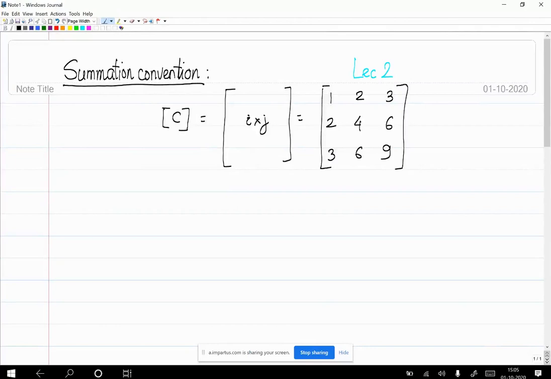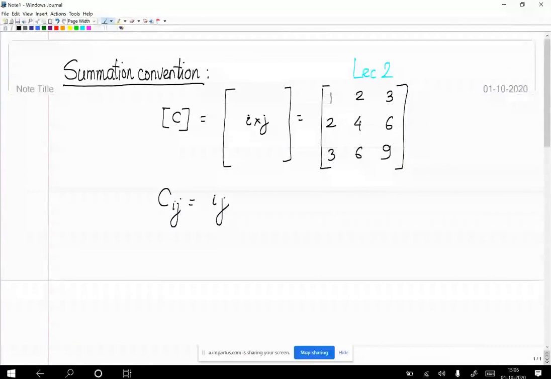So how do I write this in summation convention? In summation convention, I will say that Cij is equal to Ij. Here you see how many free indices are there? There are two free indices, both I and J, because they are appearing only once.